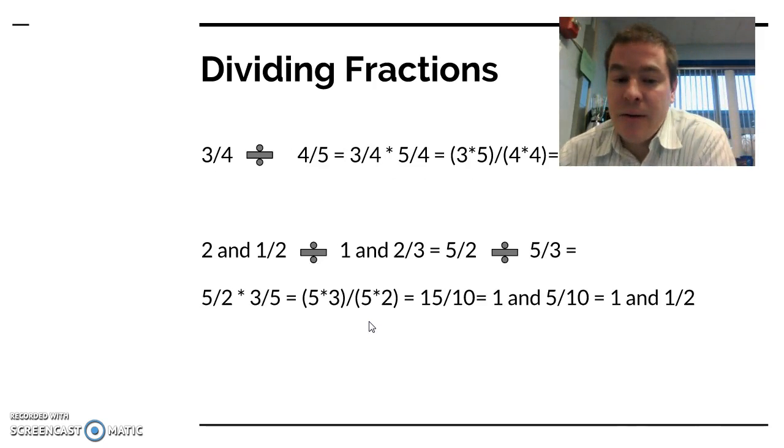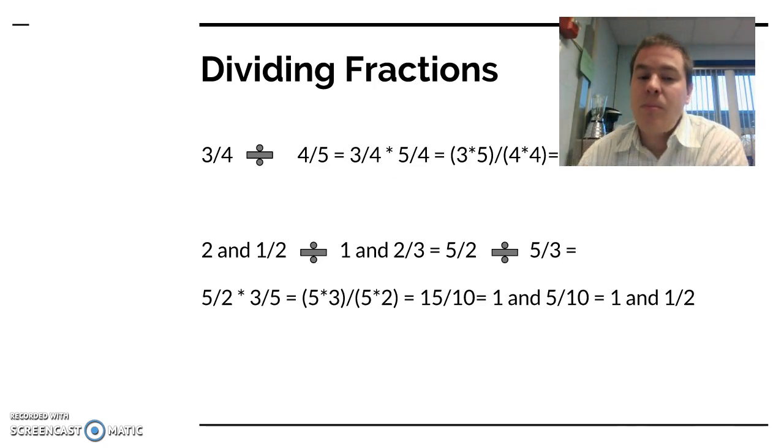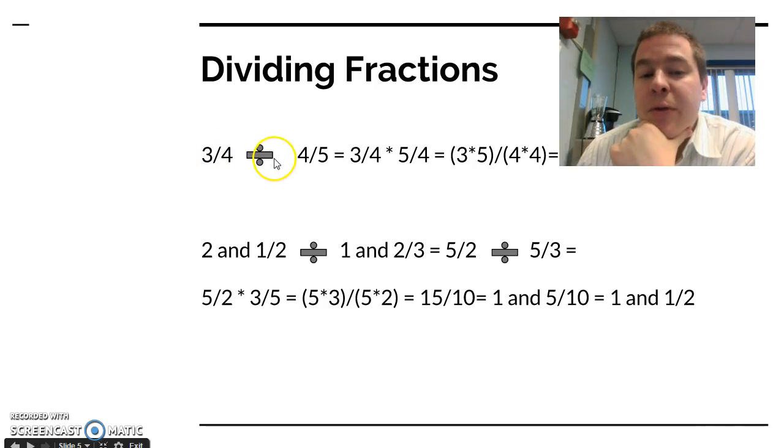So let's look at the last couple of examples. Once again, 3/4 divided by 4/5. We're going to keep 3/4. We're going to change the division symbol to multiplication, and we're going to flip 4 over 5 to be 5 over 4.